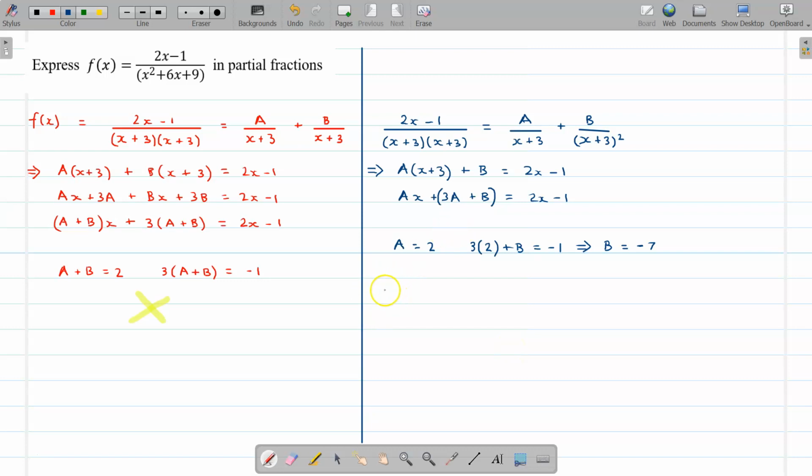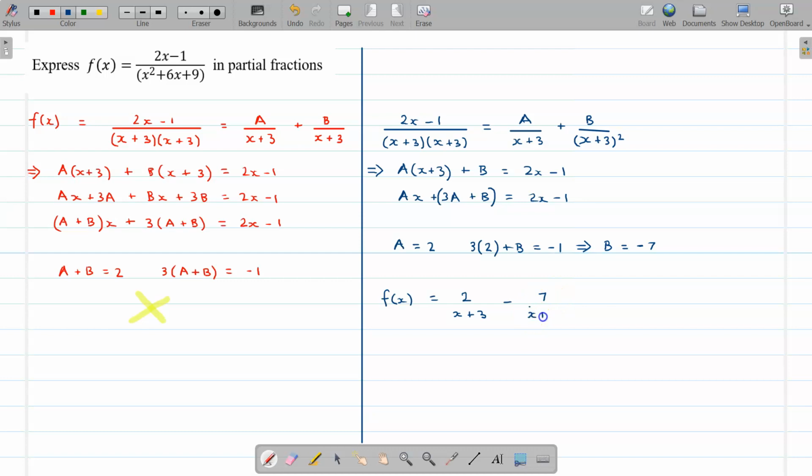So I go to my original statement and say that f of x in partial fractions can be written as, now make sure you put the right thing over the right factor, so a was the 2 over x plus 3, so it's 2 over x plus 3 as the first fraction, and the second fraction was equal to, well, it's negative 7, so you don't need to put a plus sign there, you can put minus 7 over x plus 3 squared.